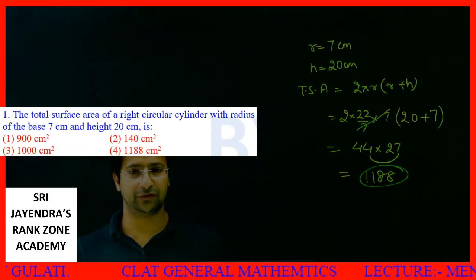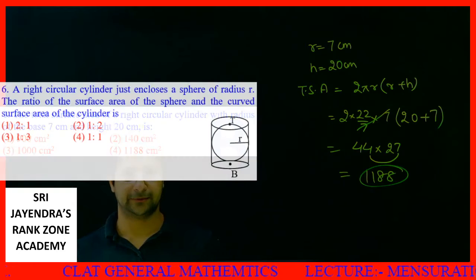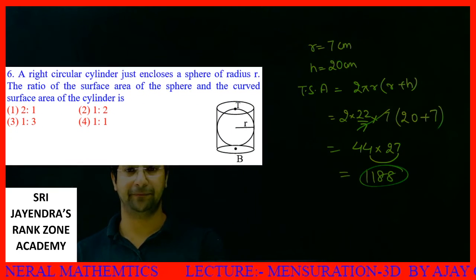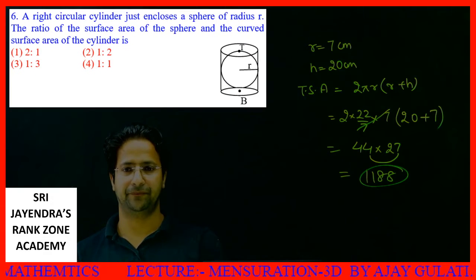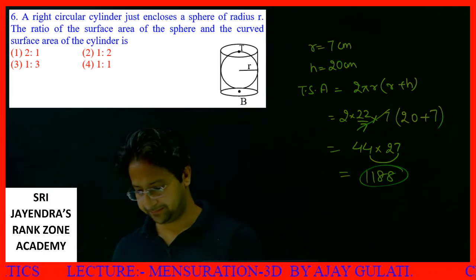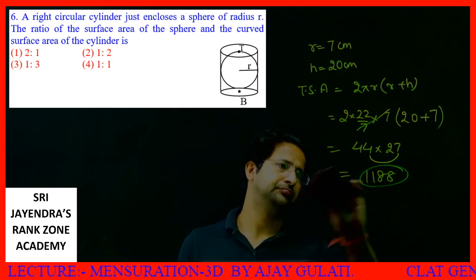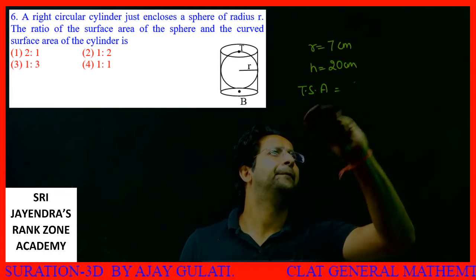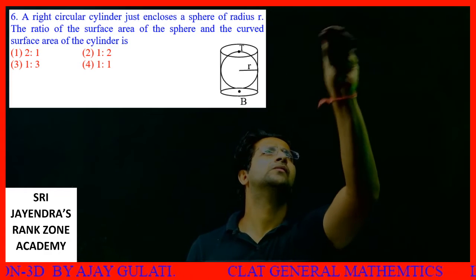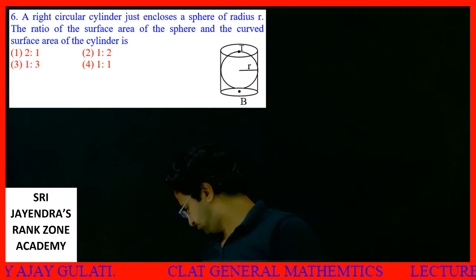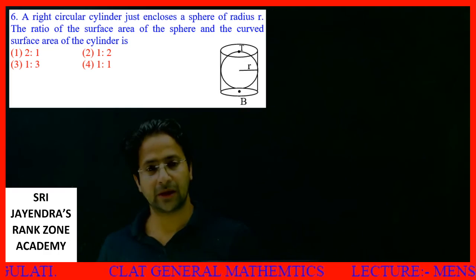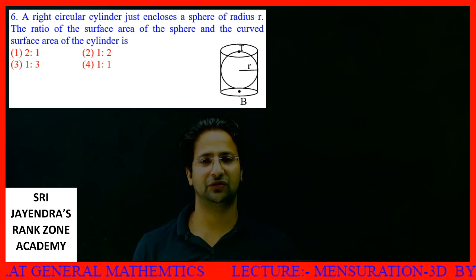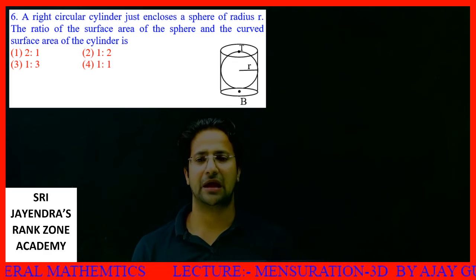Should we move to the next question, students? This is the next question. By that time I just rub this, you see this question. A right circular cylinder just encloses a sphere of radius r.